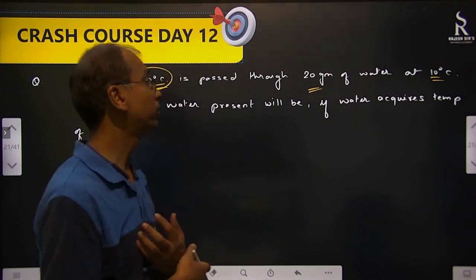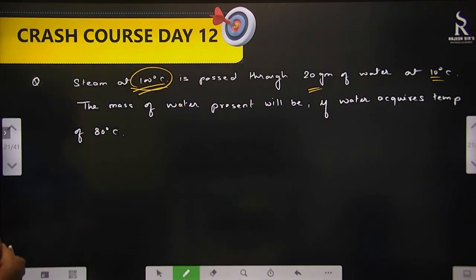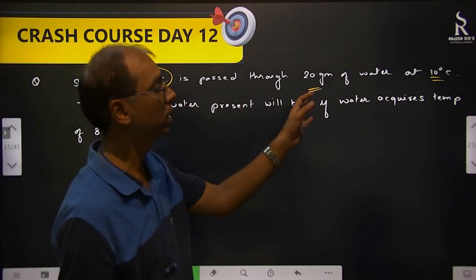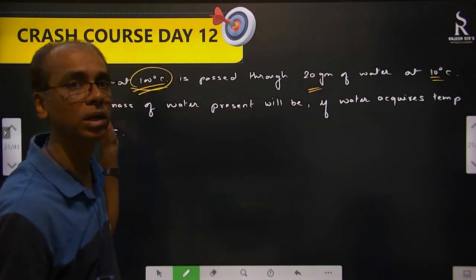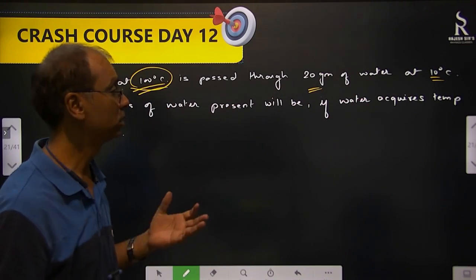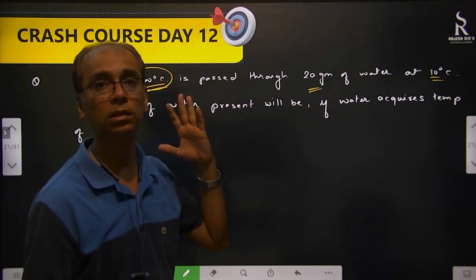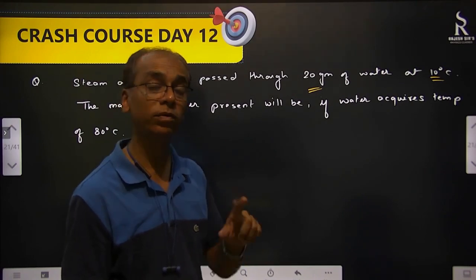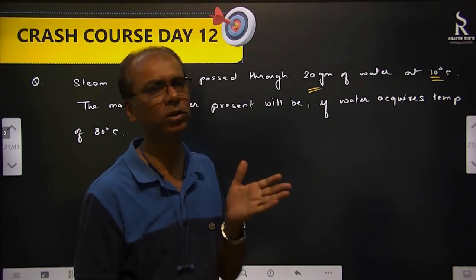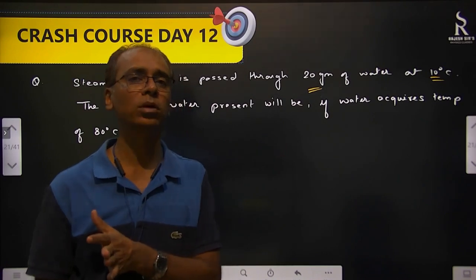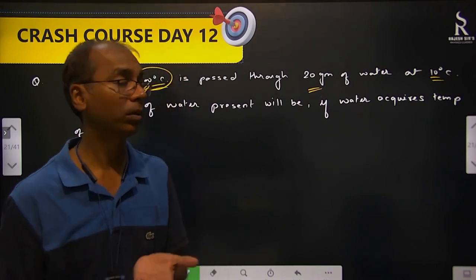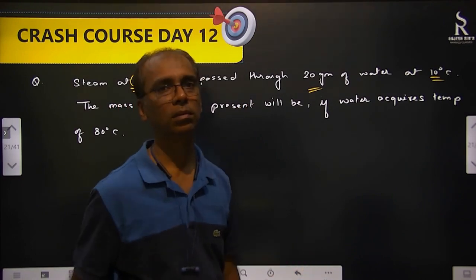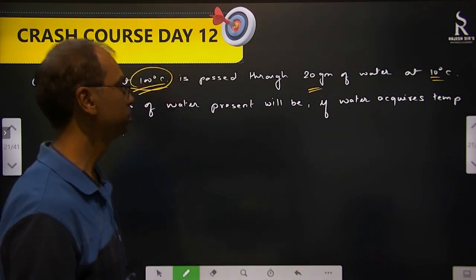Okay, so we have to find how much is the mass of water present. So mass of water actually is 20 gram of water plus mass of steam, because temperature of the mixture is 80. That means full steam is converted into water. Understood? If it would have been 100 degree centigrade, then there was a chance that maybe some amount of steam is not converted into water. But here temperature is 80. So that means entire steam is converted into water.